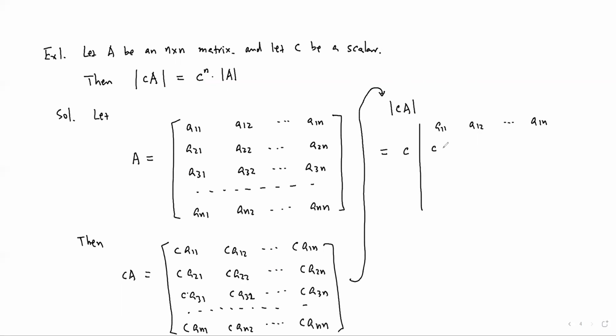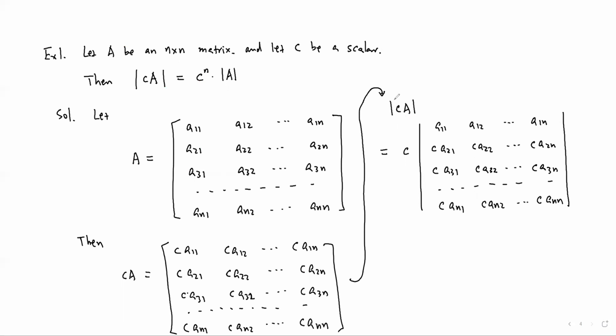Second row, still C times A21, C times A22, C times A2N. Third row, still the other rows not change. C times AN1, C times AN2, C times ANN.